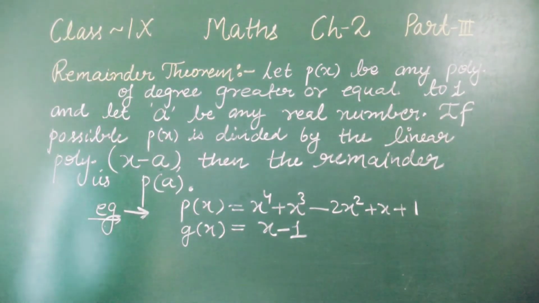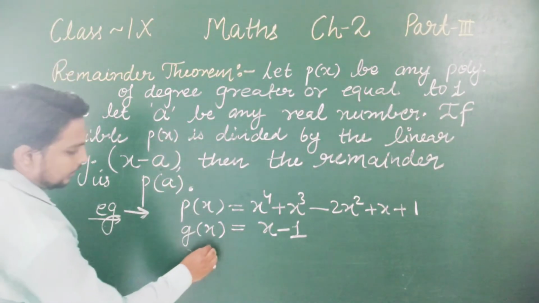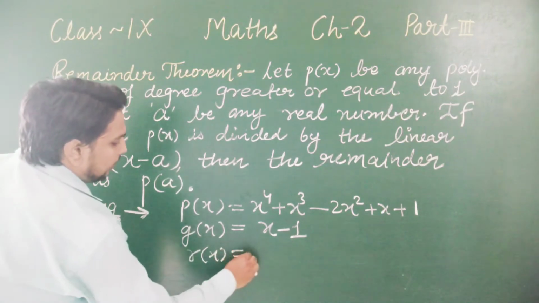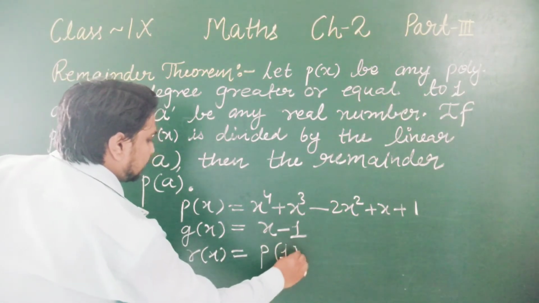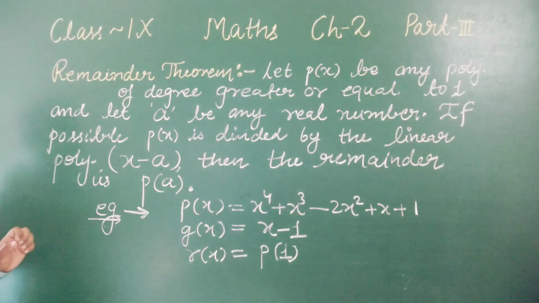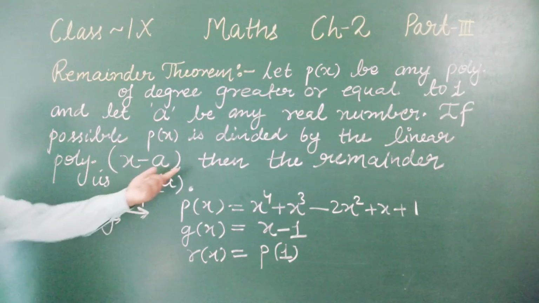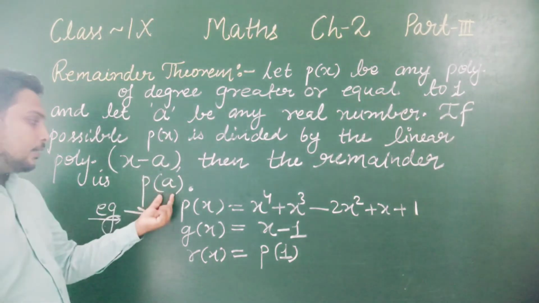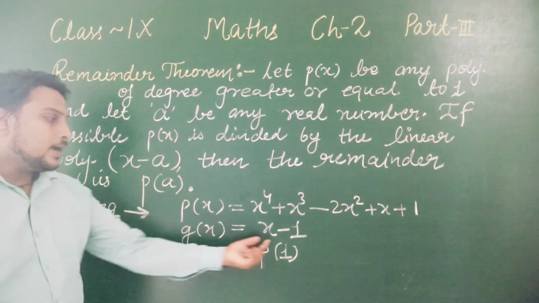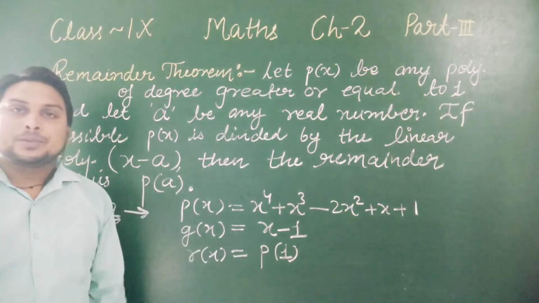Then what will be the remainder? According to this theorem, the remainder will be P(1). Since the divisor is x minus a, the remainder is P(a), and here a is 1, so it will be P(1).